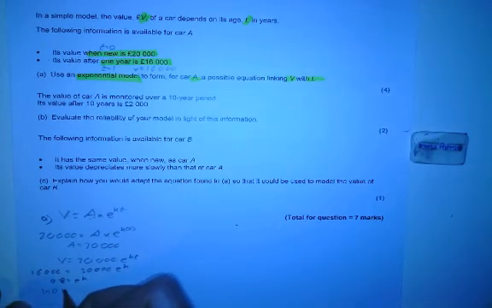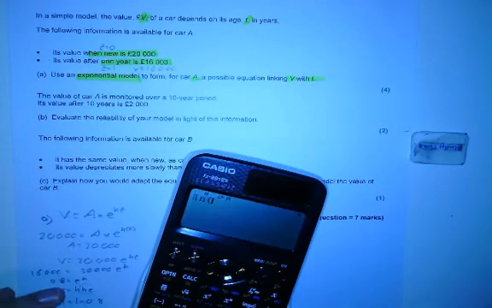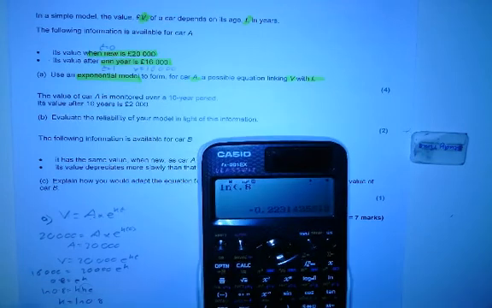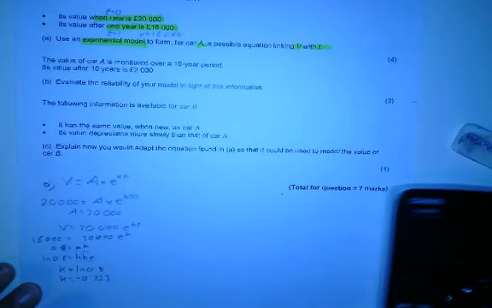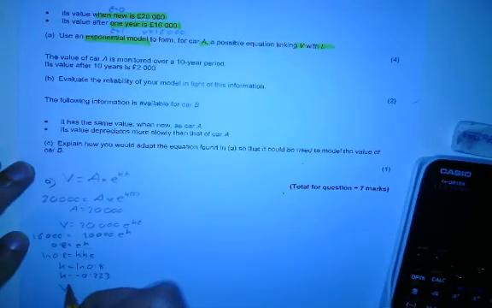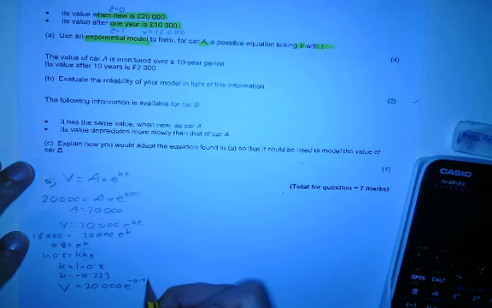So log of 0.8 equals k log of e. Log of e is just 1, so k is log of 0.8. Plugging that into the calculator, k is minus 0.223. So my equation is v equals 20,000 e to the minus 0.223t.